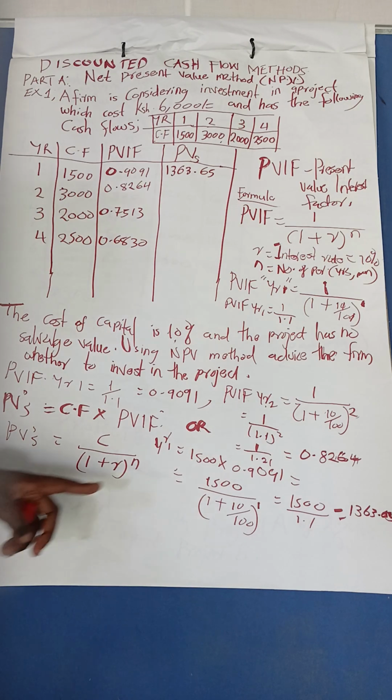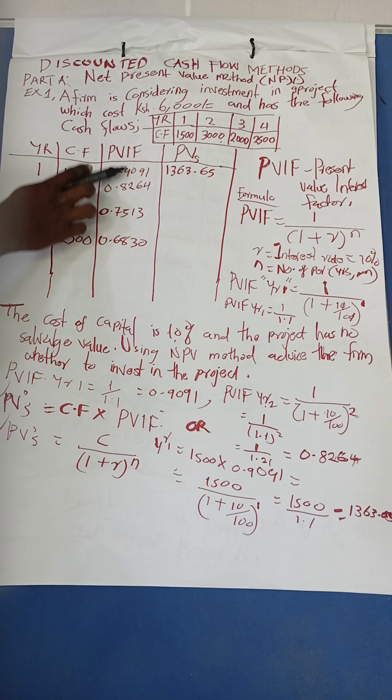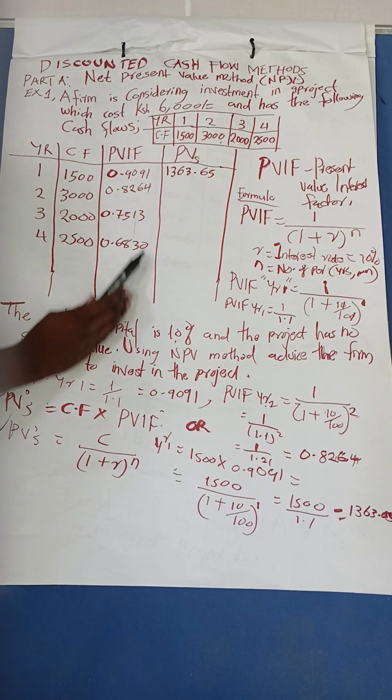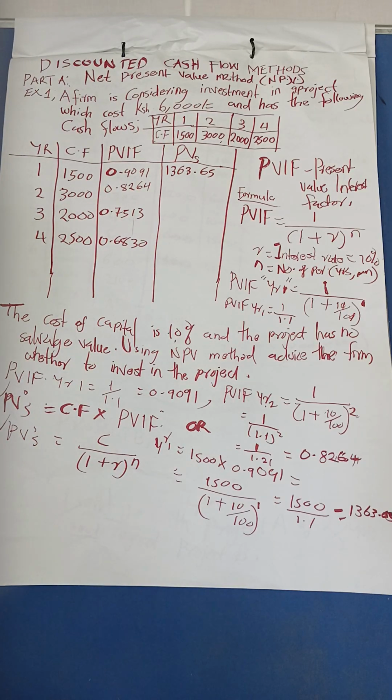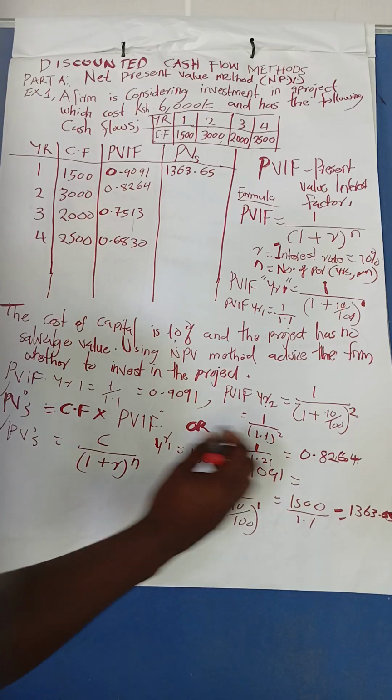So if you use this formula for the PVS, you are good, as far as you understand it. But the other one was particularly to understand how you'll get this column, in case you want to fill this part. So you can do that for the second year. What will be changing is the n part.